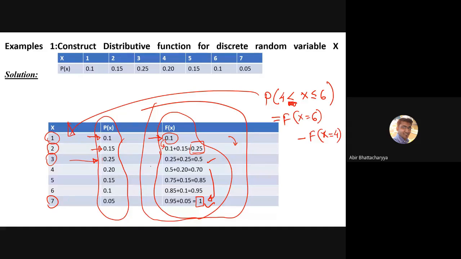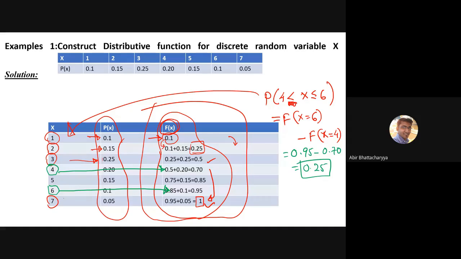Now, what is f of x equals 6? Calculate this value: f of x equals 6 is 0.95. Minus f of x equals 4, which is 0.70. So you can calculate these things, right?